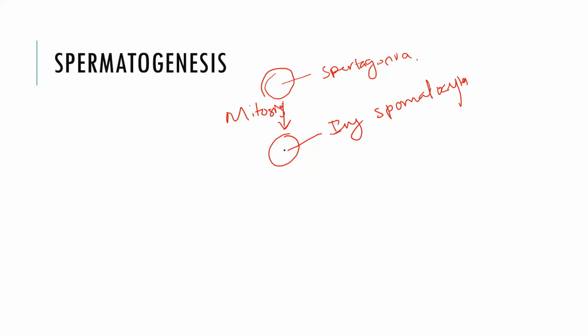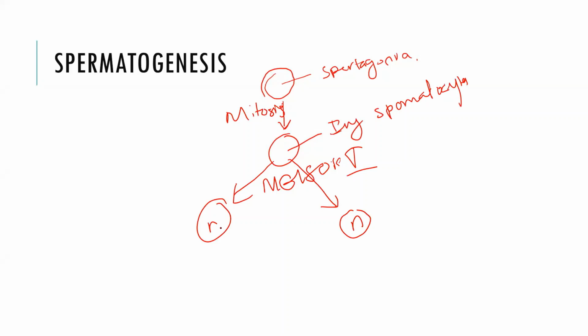So these primary spermatocytes undergo meiosis 1 and form 2 haploid cells. So these are all diploid. And this is called secondary spermatocyte.